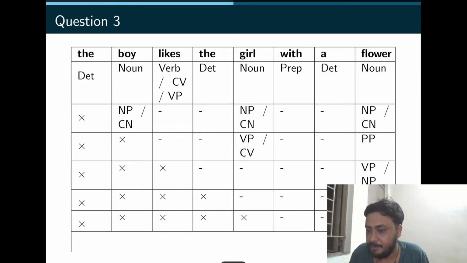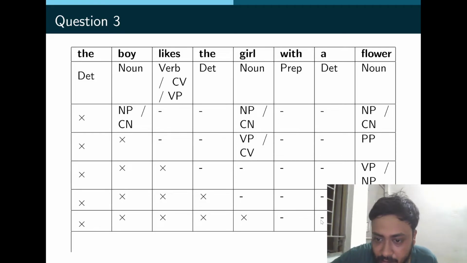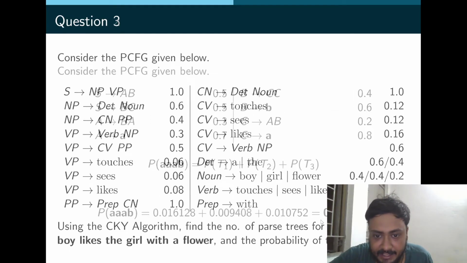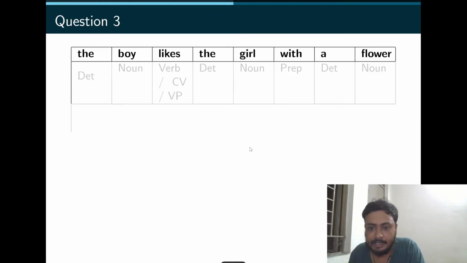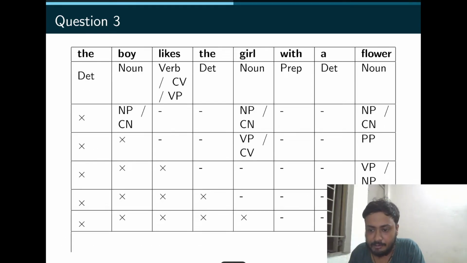So here we get VP. I did not write this, but there was another combination possible, which is CV, verb and NP. So this could well have been CV also, but as you will see in the next step, we won't get anything by taking it as CV. So we take it as VP itself.